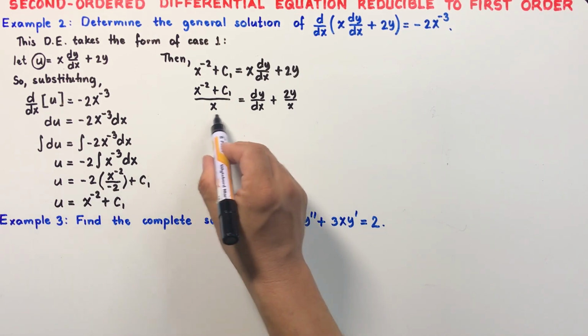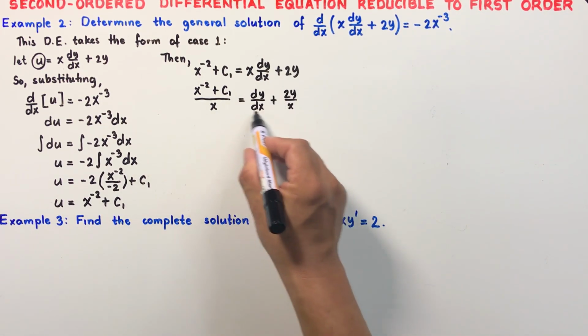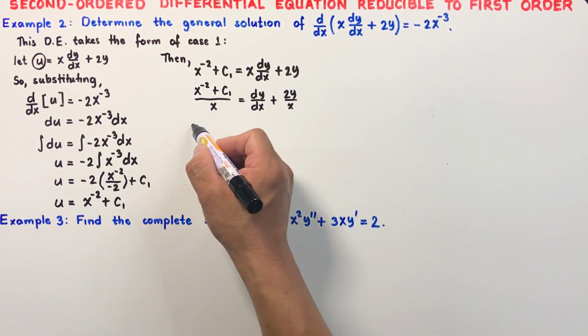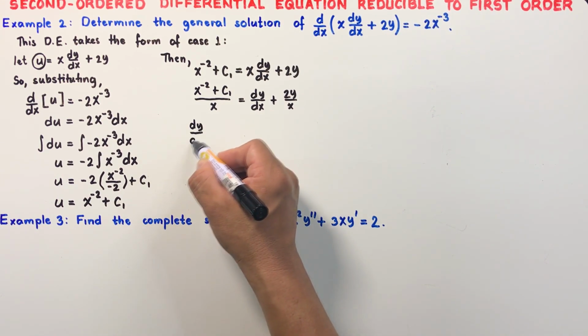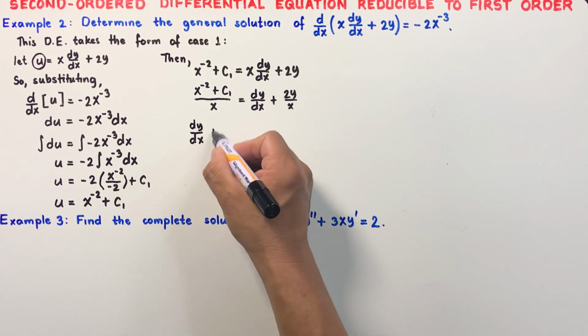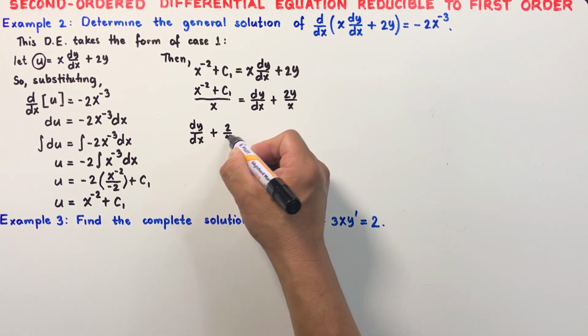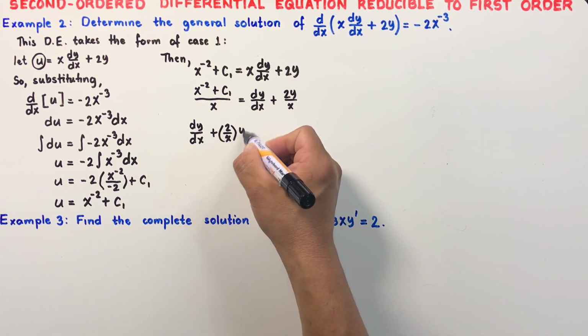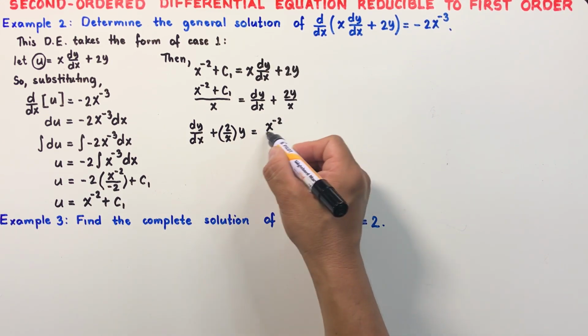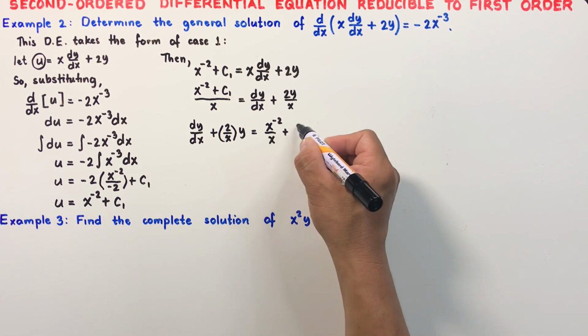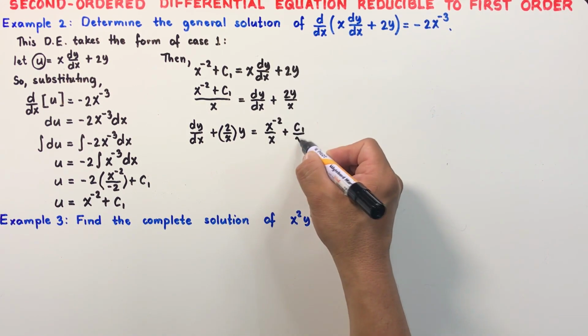And rewriting this equation so that the right hand side will be at the left hand side, we have the derivative of y with respect to x plus 2 over x times y, which is equal to x to the power negative 2 over x plus c sub 1 over x.